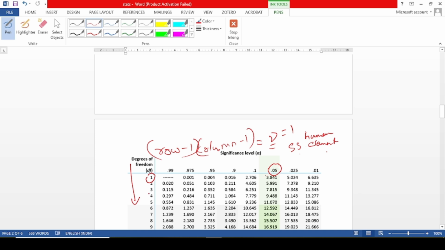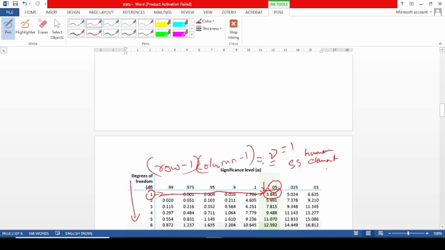So if you see here, the degree of freedom is 1 and the alpha level of significance is set at 0.05. The value that we get is 3.841.